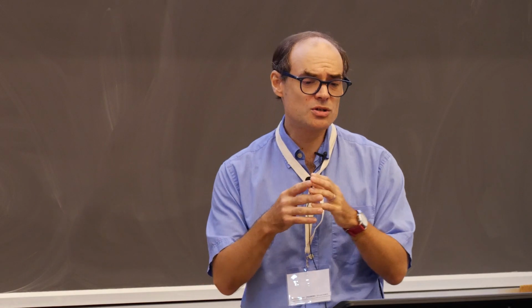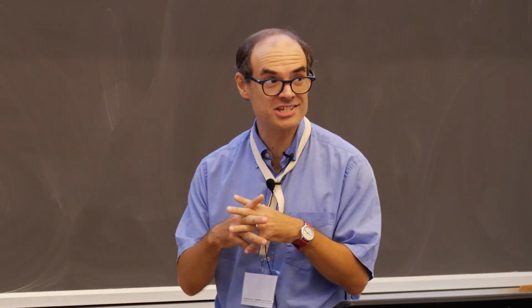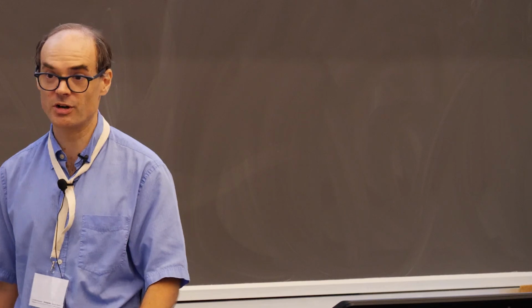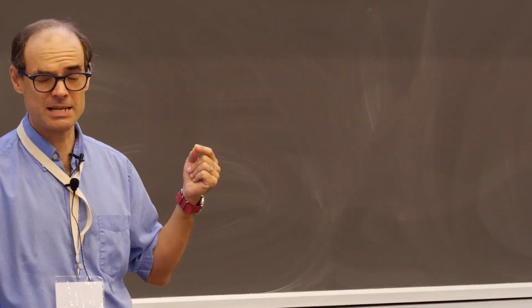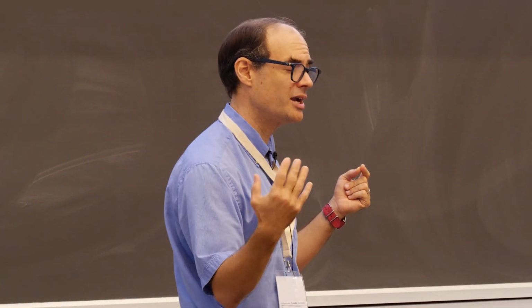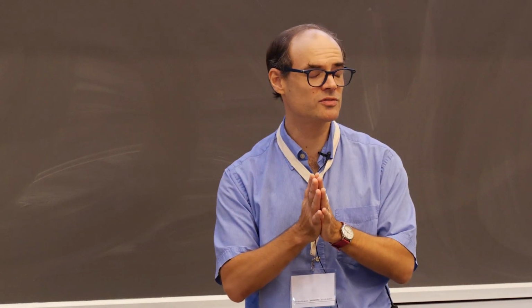Okay, and so you might express this idea that I'm looking for a solution to this equation diagrammatically by drawing a very small finite category, like I've shown on the screen, whereby you imagine that the function we're after, u, is the object on the bottom, the solution, and then of course, when I take a derivative, that should be a morphism. That's an operation that occurs on the space of continuously differentiable functions.